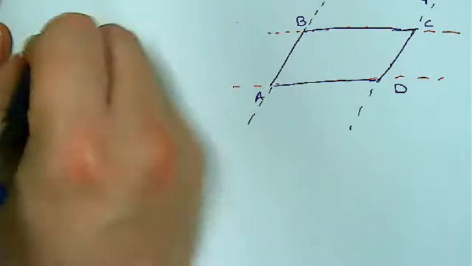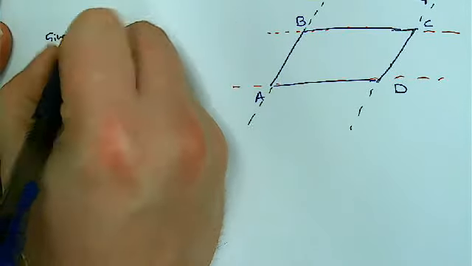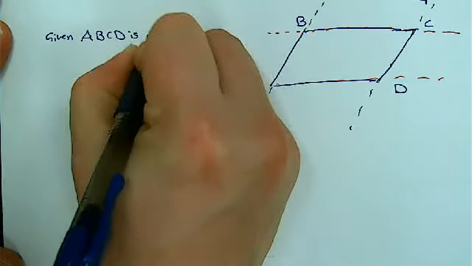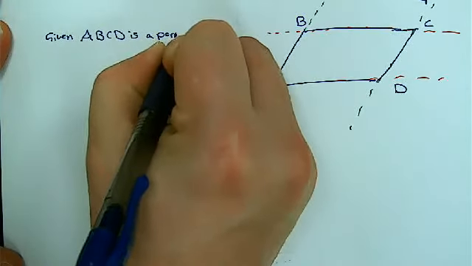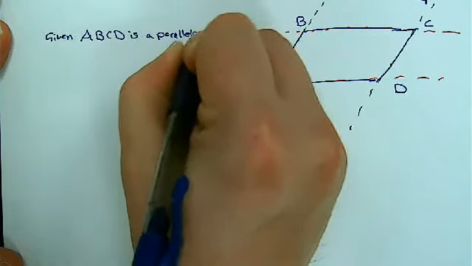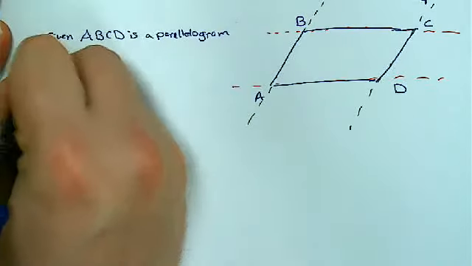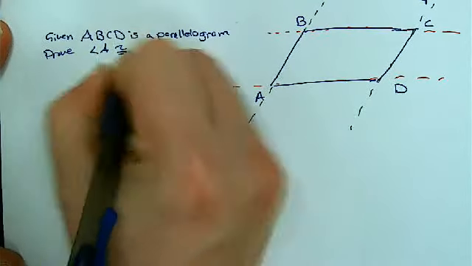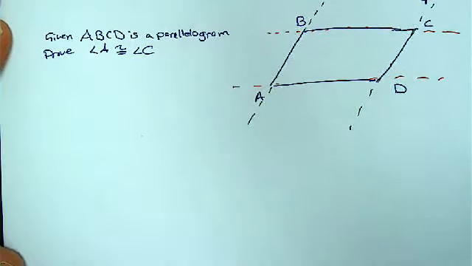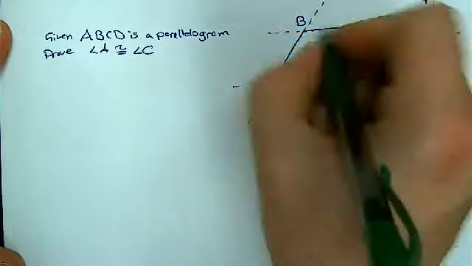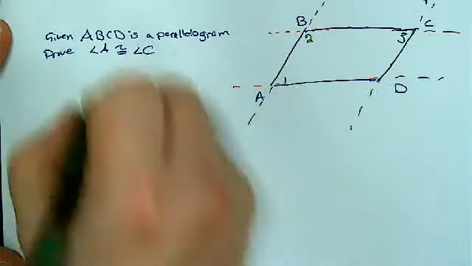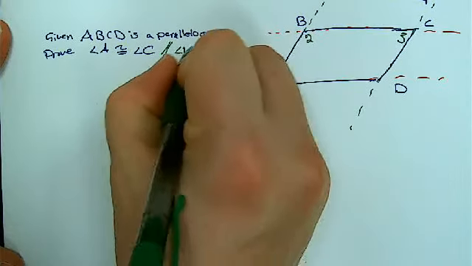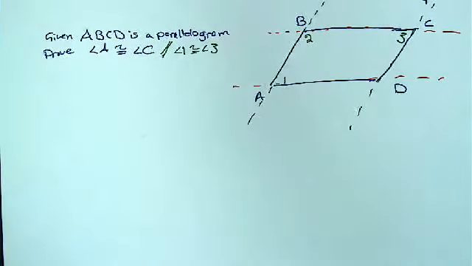So given that ABCD is a parallelogram, we're going to set out to prove that angle A is congruent to angle C. And to help make this a little easier to talk about, I'm going to put some numbers in there, which is the same thing as to say angle 1 is congruent to angle 3.